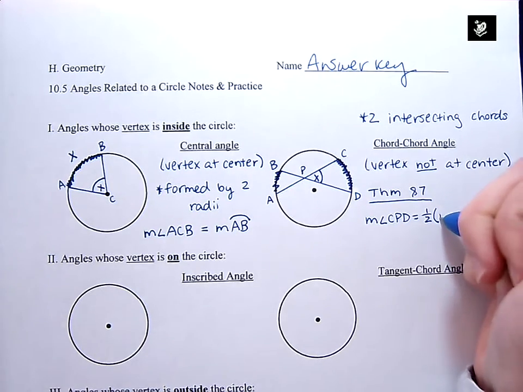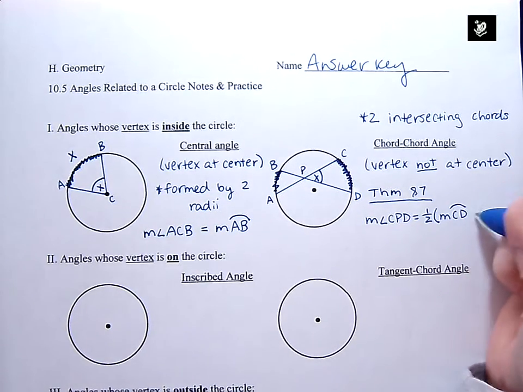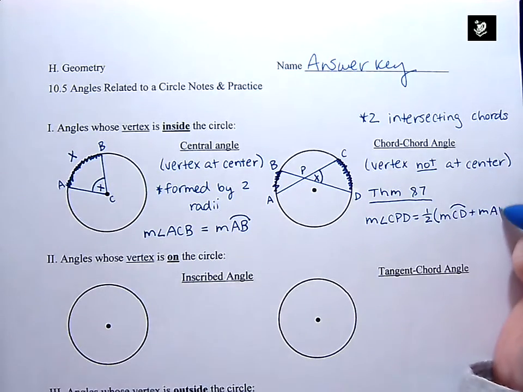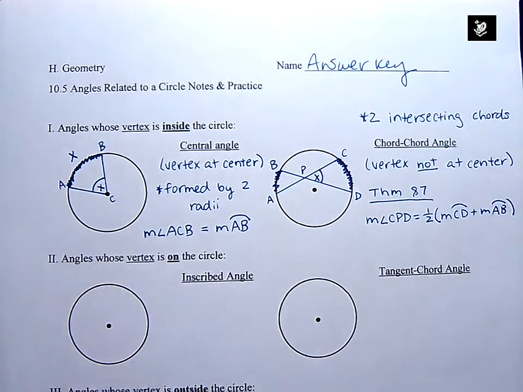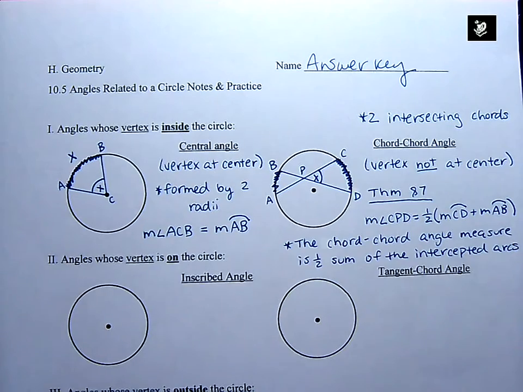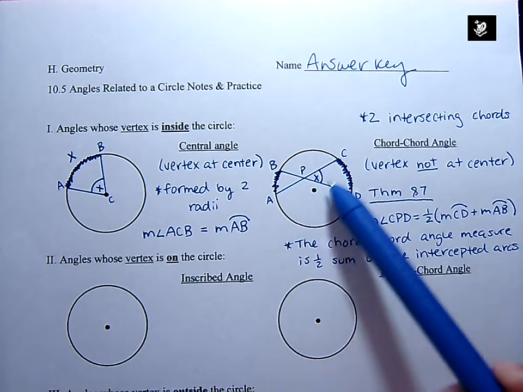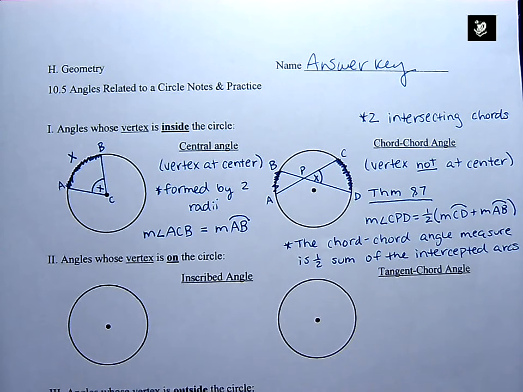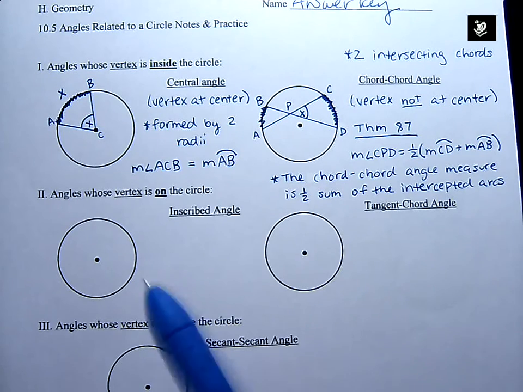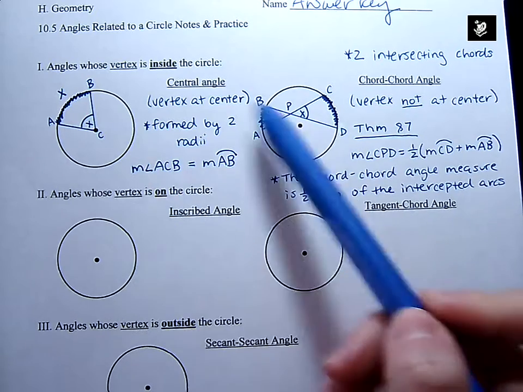So those would be the measure of arc CD plus the measure of arc AB in this case. So what I used to tell my students last year to remember this was it looks like it's kind of forming a plus sign. So there's your hint. When you are trying to find a chord-chord angle, you want to do half of the sum of the two intercepted arcs. So that was two cases where the vertex was inside the circle.